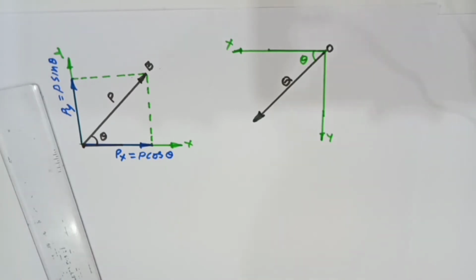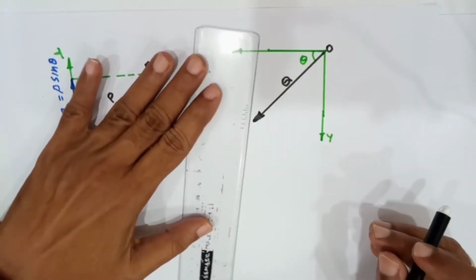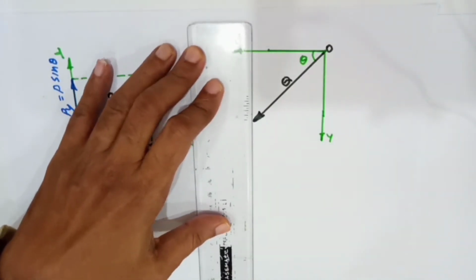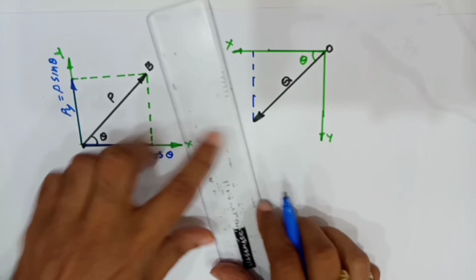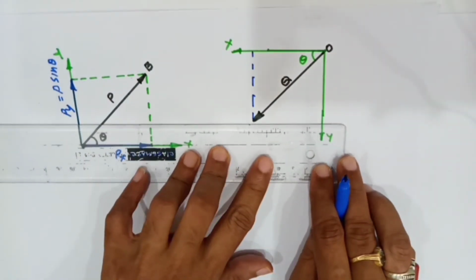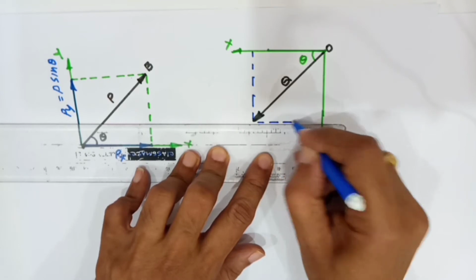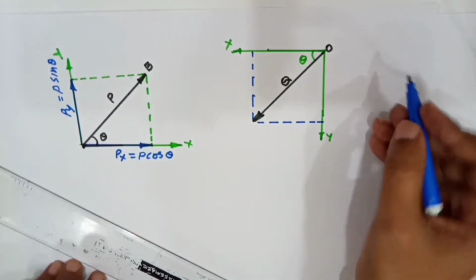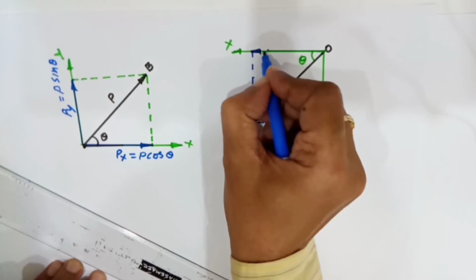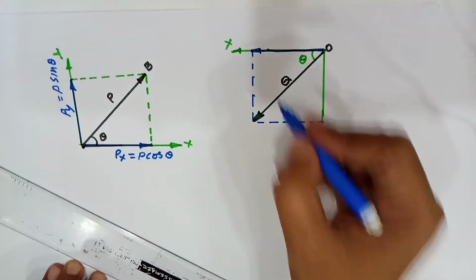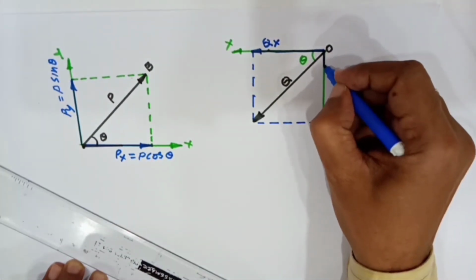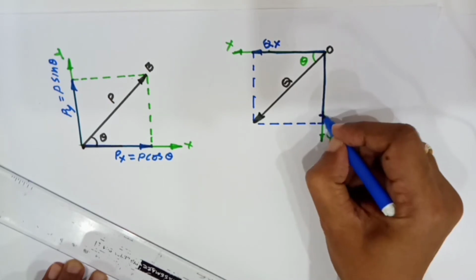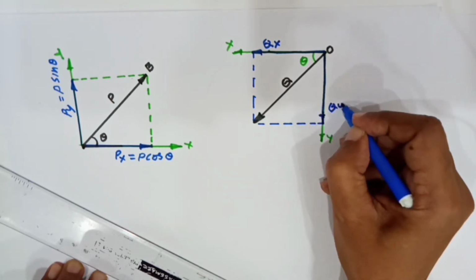As this method is called the rectangular component method, we have to construct the rectangle. This is Qx and this is Qy.